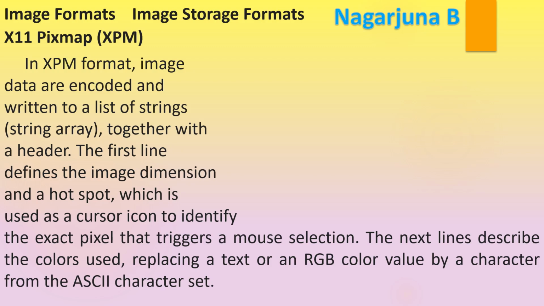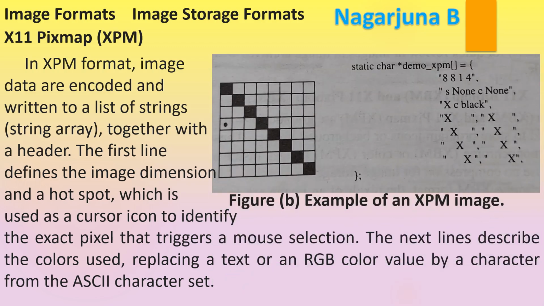So let us look at the figure of X11 Pixmap encoding. It is a figure of an XPM image. Here you can observe static char *demo_xpm[] equals, open brace, after that "8 8 1 4" written in double quotes, after that "  s none c none".